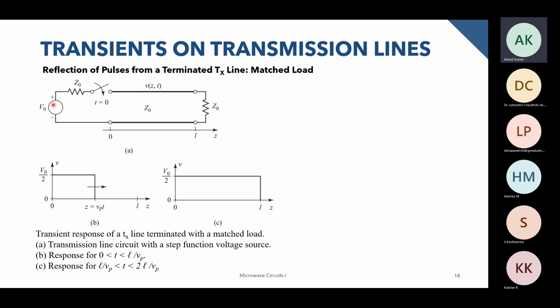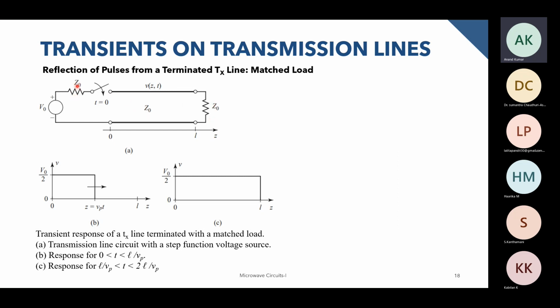Consider this circuit, where at t equal to 0 this switch is turned on. Before that, nothing is propagating inside the transmission line. As soon as the circuit is closed, this voltage will propagate through it.